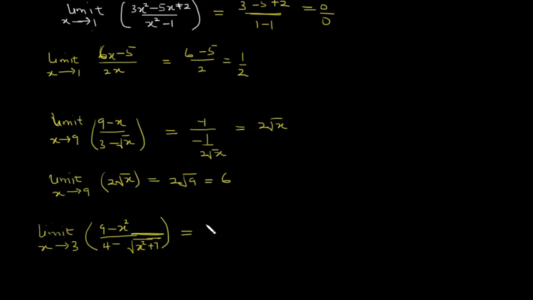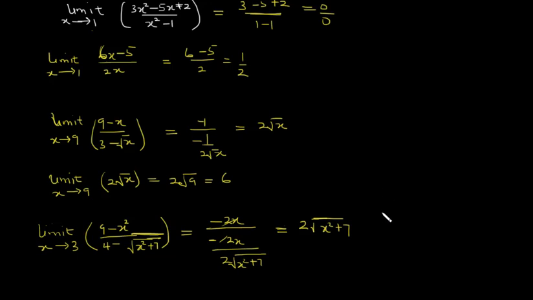So you differentiate 9 minus x squared, you have minus 2x over, this should give you 0 minus, differentiate what is in the radical, 2x over 2 root of what is under the radical, x squared plus 7. Right, so this cancels that. This simplifies to 2 root x squared plus 7.